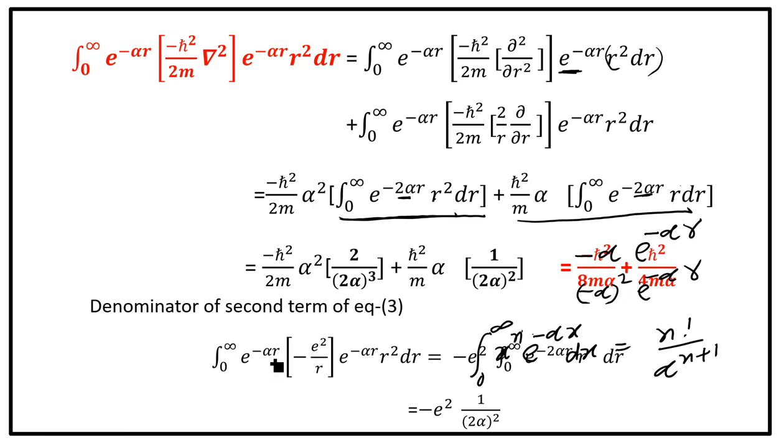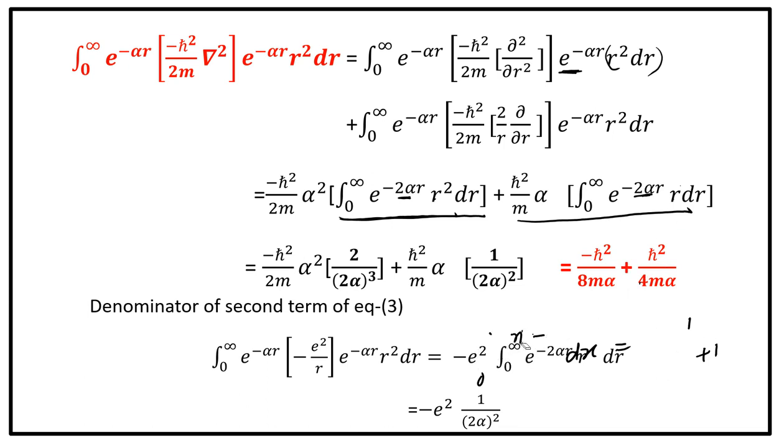So e to the power minus alpha r, this term becomes this: minus h cut square by 8m alpha plus h cut square by 4m alpha.